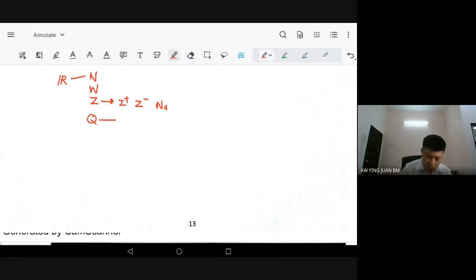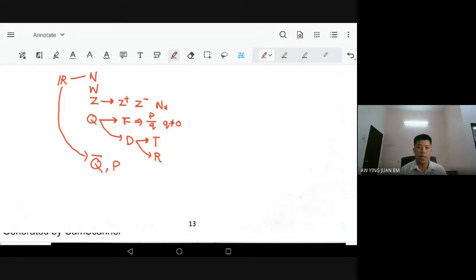Inside rational, we have fraction. Fraction, format dia mesti P over Q, where Q cannot be equals to 0. Next, we have decimal. Inside decimal, we have terminate, we have repeating. Other than that, which is the irrational.